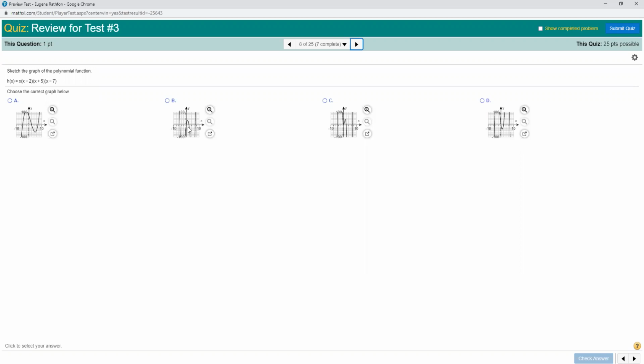We said it's going to cross at 0 right there. There's a 2 it's crossing at. Crossing over here at negative 5. And then it's crossing over here at 7. So the only choice could be B on that. But y'all, if you remember, there was only one going uphill on both sides. This one went uphill left to right, uphill left to right, and then this one, both sides went downhill. Okay, so pick your picture and move on.